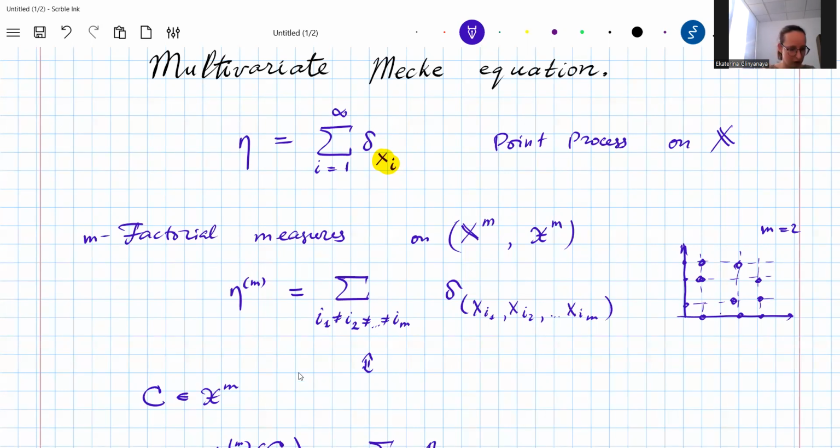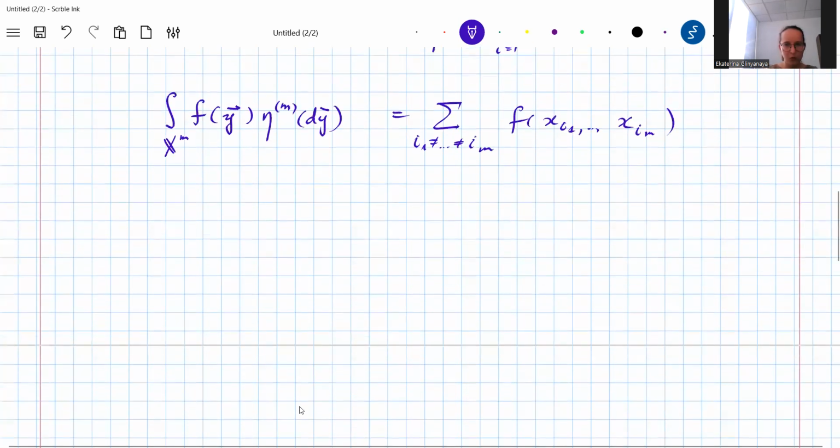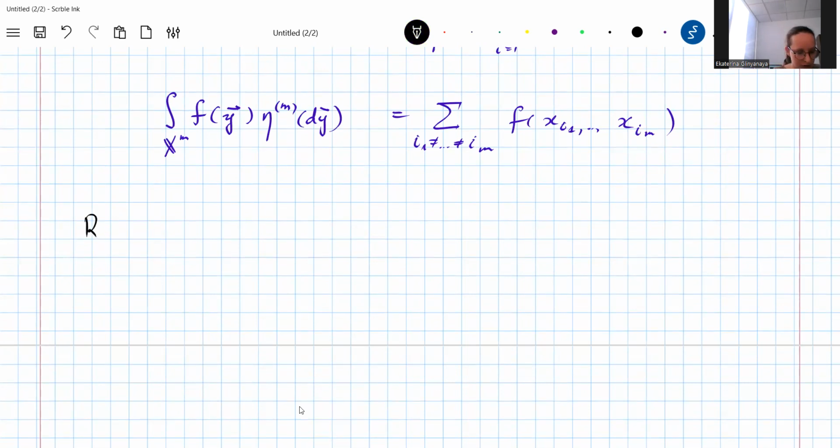How can it look? We did not write it before. A recursive formula for eta to the power m.